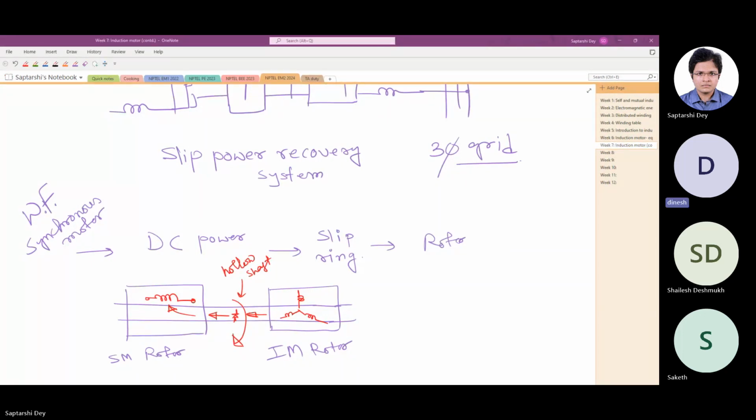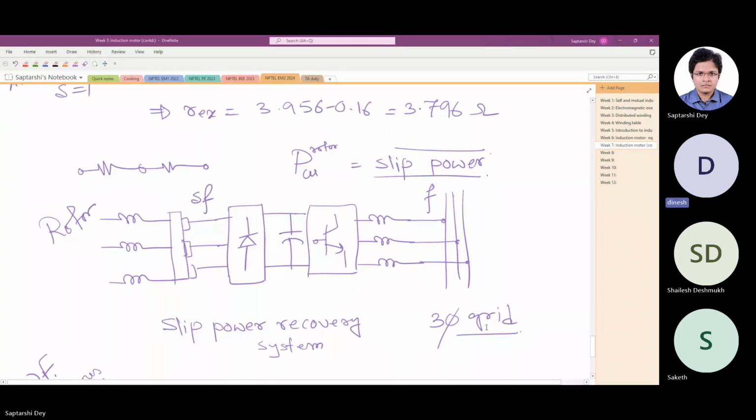So this slip power recovery and this feeding back through a motor to the rectifier, they are really used practically. Yes, there is something I think I forgot: Scherbius drive. I have forgotten that, that's why I did not want to mention the name. You search for this.